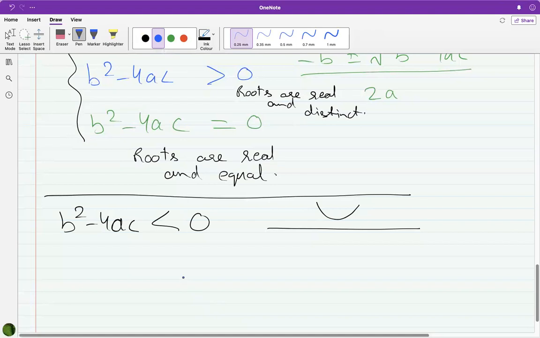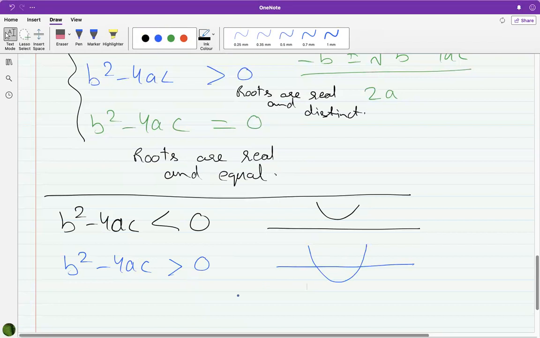So there are no roots, like in simultaneous equations. When it is greater than 0, the graph is intersecting the x-axis at two different points. So we say roots are not real when it is not intersecting or touching, there is no solution. When it is greater than 0, it intersects at two different points.